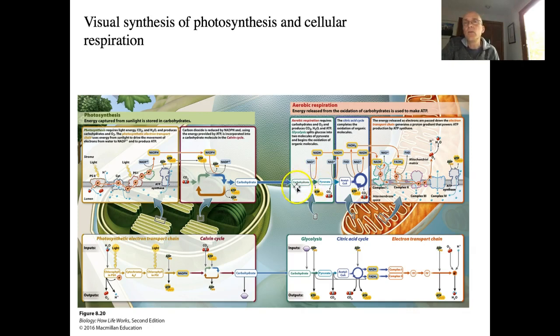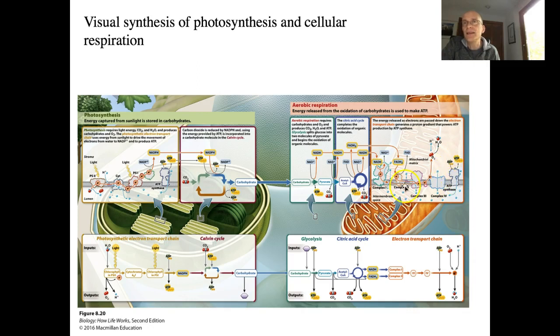And then here we can go again through the aerobic respiration pathway where carbohydrates are broken down in glycolysis that produces NADH, where carbon dioxide is split off, where we then go through the citric acid cycle, where more NADH is produced, where more carbon dioxide is given off, some more ATP is produced, and then the electron transport chain and chemiosmosis or ATP synthesis over here at the end.